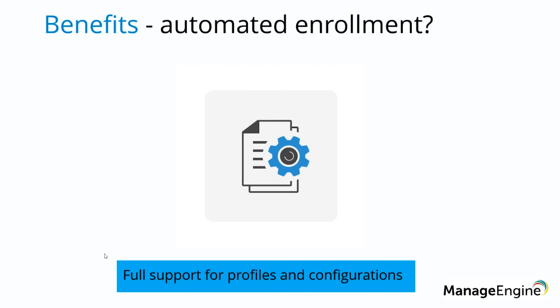There are certain personal level settings which cannot be controlled by the administrators, but there is no concept of personal or corporate when the devices are onboarded through these automated ways like Apple Business Manager, Zero Touch, Knox, and EMM. These will give you the complete scope of all the management features. So these are certain benefits of the automated enrollment methods.